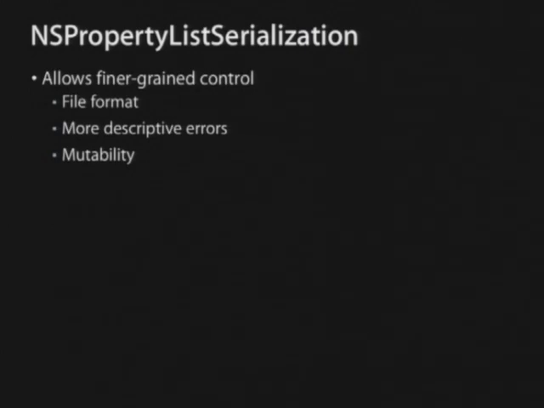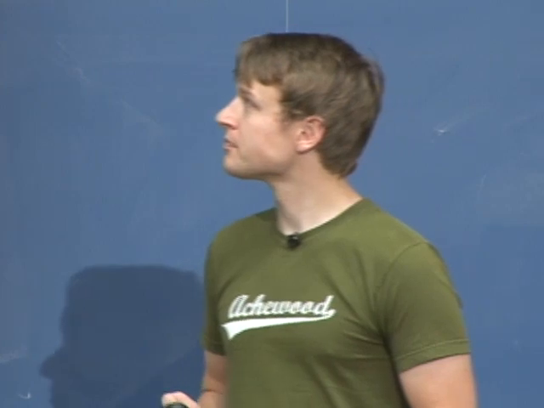You can say whether or not dictionaries and arrays and all that kind of good stuff are mutable or not when you're both reading and writing. So if you're using property lists and those methods just aren't cutting it for you, fire up Xcode, hit Apple Shift D, type NSPropertyListSerialization, hit return. That'll take you to the header, and you can poke through there, or you can just Google for that term.